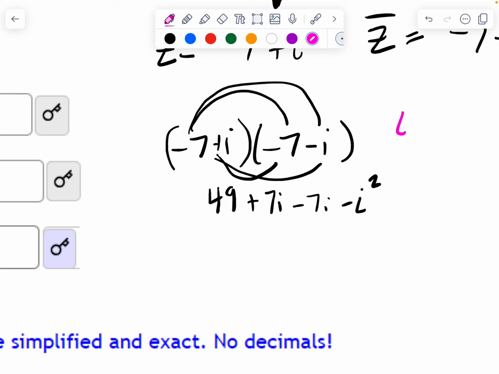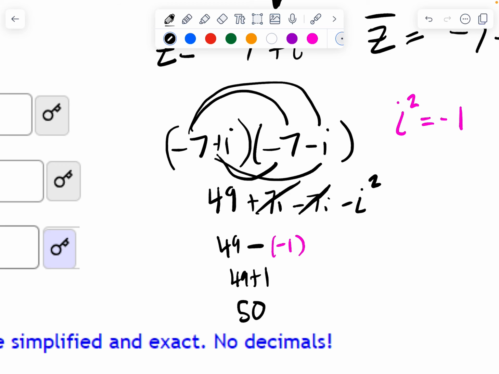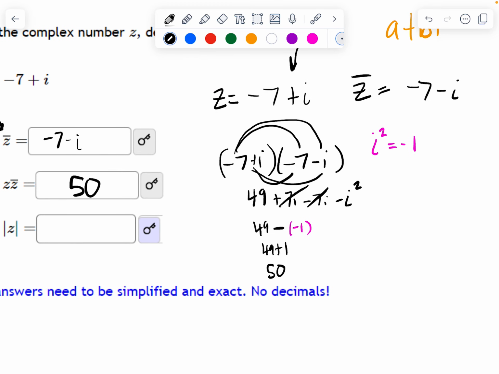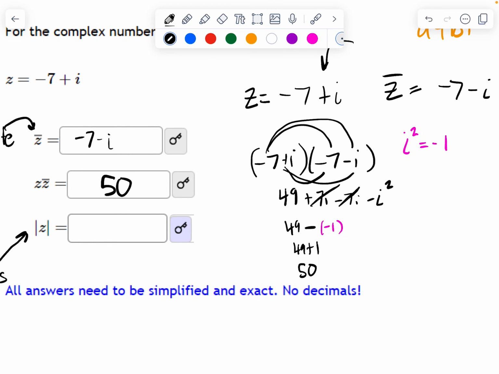Now, remember, i squared is defined as negative 1, which means you have 49 plus 0i, because those cancel out, so I'm going to take that out. And then we have minus i squared, which is minus a negative, which is just a positive. That's 49 plus 1, which is 50. Okay, so there's the conjugate times the regular complex number.